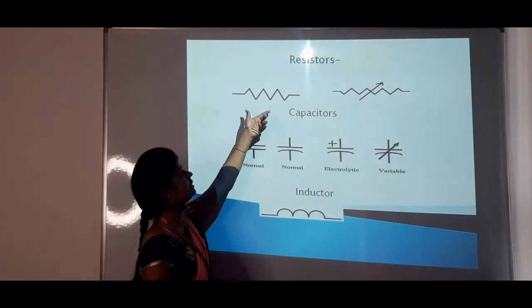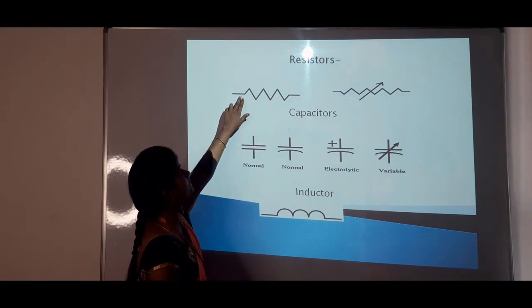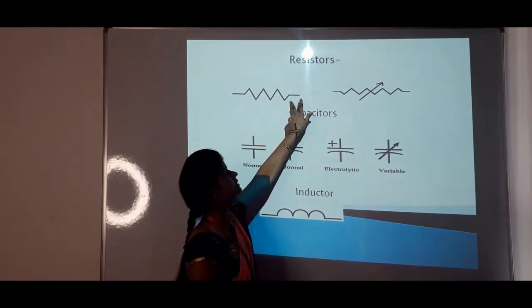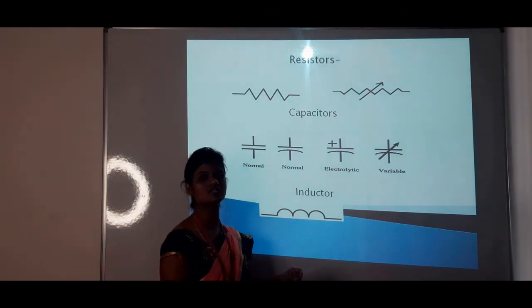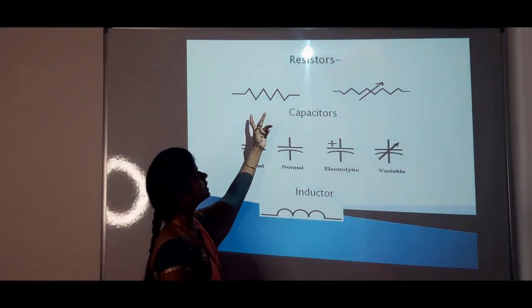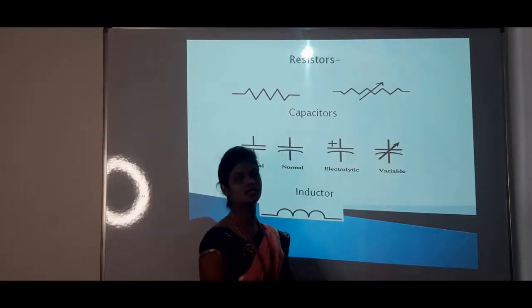Here the symbol represents a resistor having two leads. This is the first lead and this is the second lead. In case of non-linear resistors, it is similar to the linear resistor, with a first lead and a second lead.